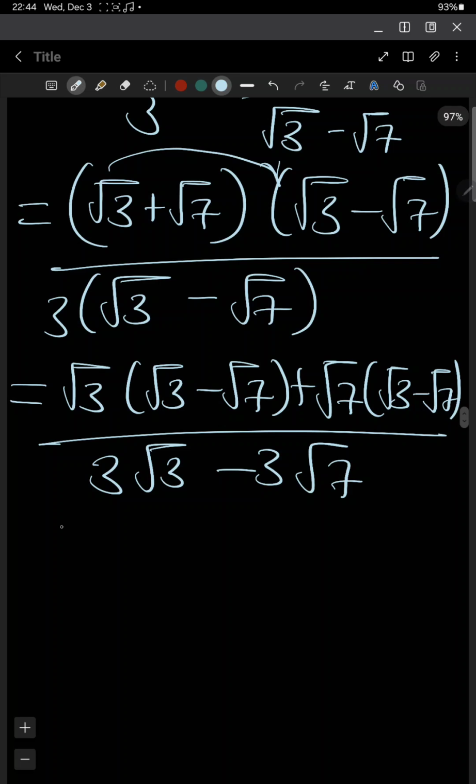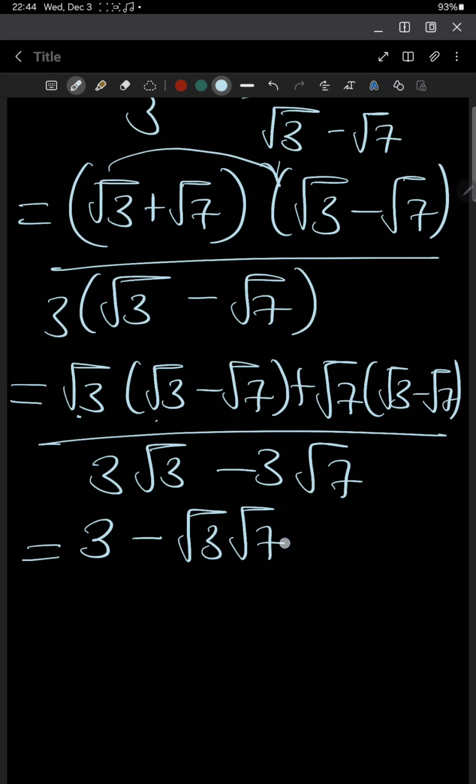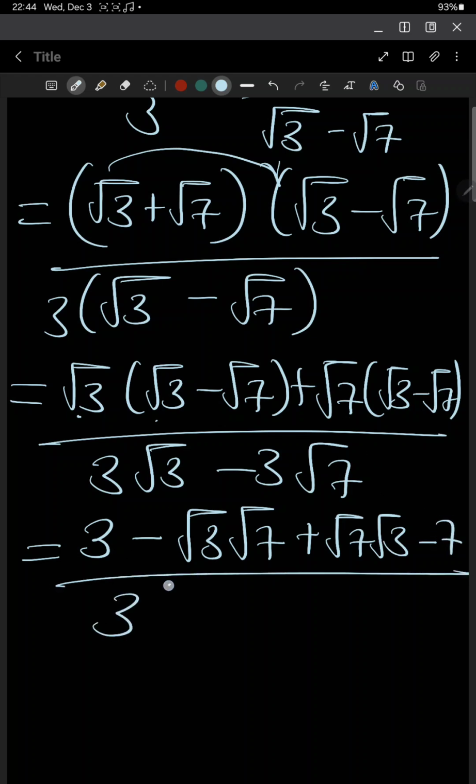After doing that, we apply the laws of radicals or surds. This times this, square root of 3 times square root of 7, plus that times that, square root of 7 times square root of 3. This times that is 7. Here we can even factor out 3.